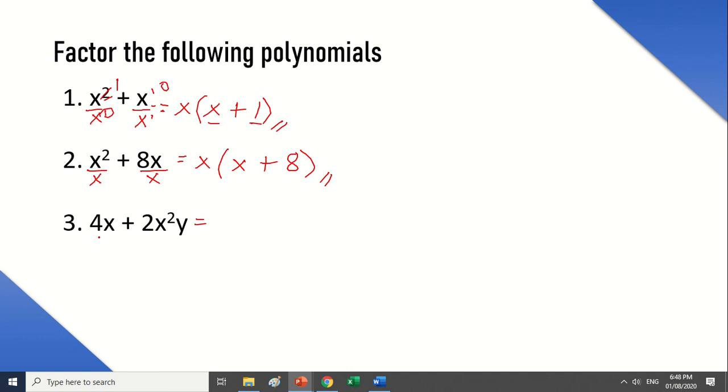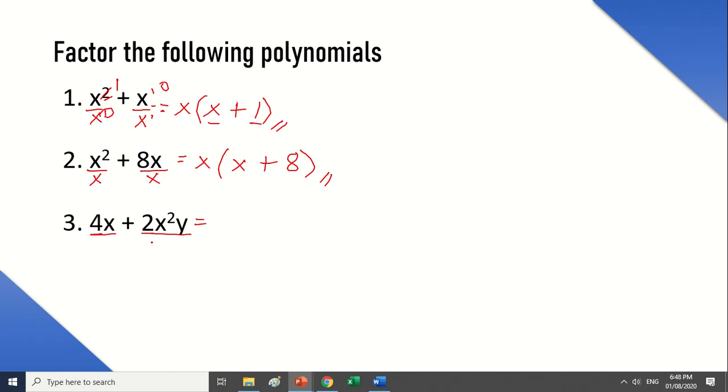So, next one, dito naman. Medyo tricky to. So, let's try to look at first the numerical coefficients. Dito makikita natin na si 4 and 2 are divisible by 2, they are both even numbers.